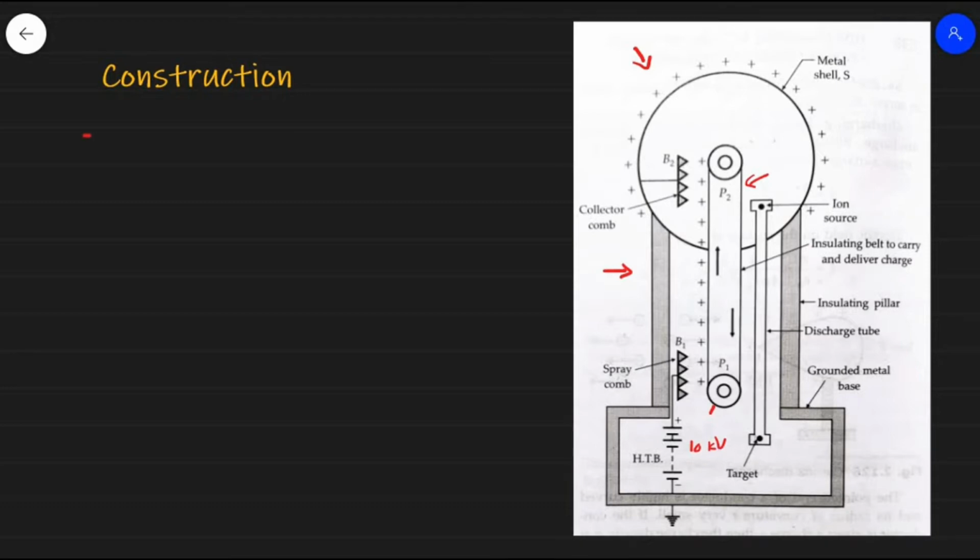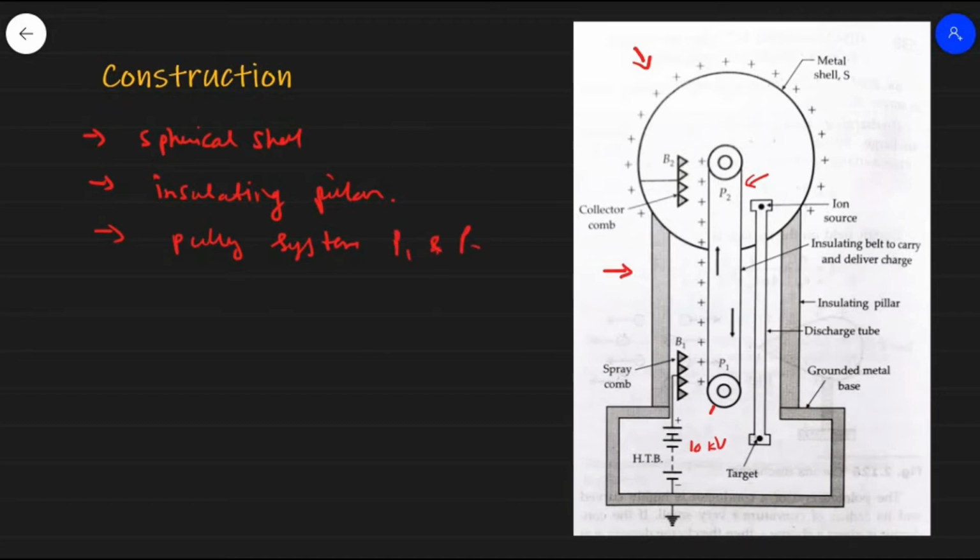So we have first a spherical shell which is supported by an insulating pillar. And then we have a pulley system, P1 and P2. These pulleys are rotated with the help of a motor. There is a motor connected to it, and we rotate the pulley with the help of the motor.